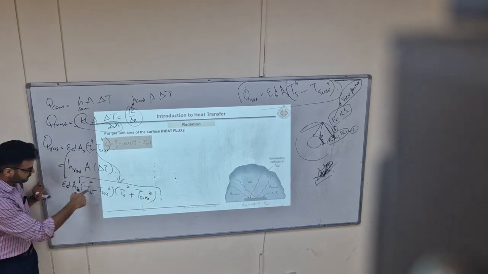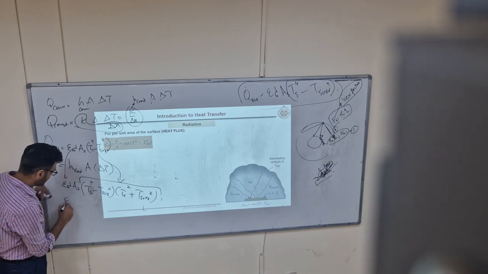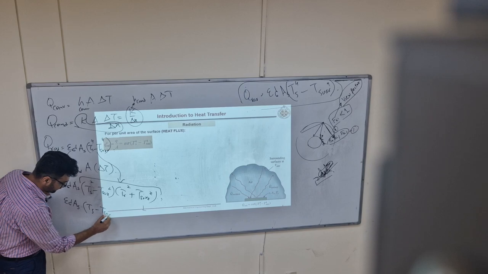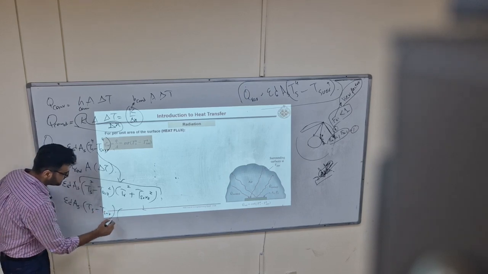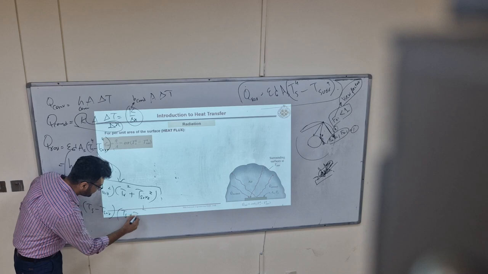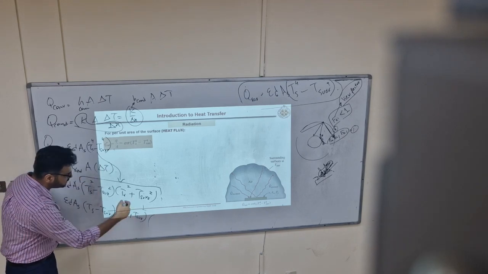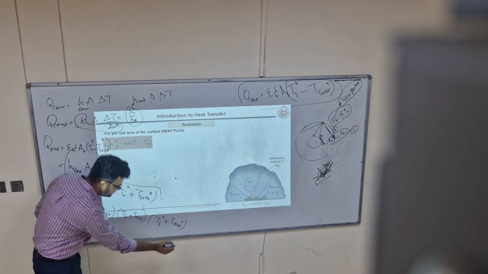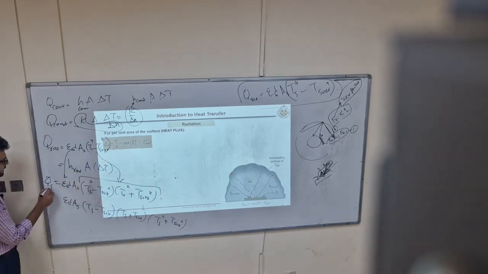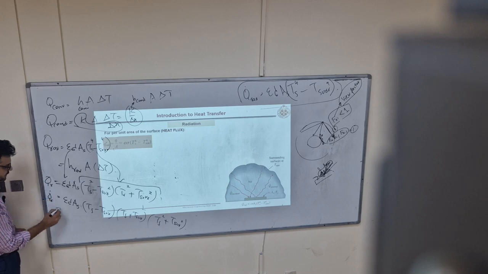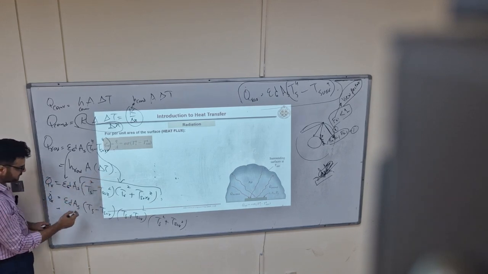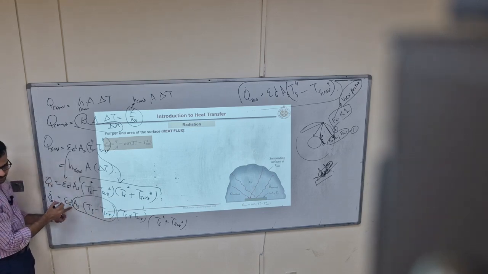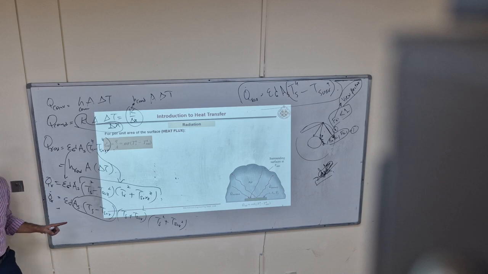Further, epsilon sigma A s, I can write it as Ts minus T surrounding, which is what I want. What is left is Ts plus T surrounding and Ts square plus T surrounding square. This is my Q dot radiation. Now I want to write it as h A delta T, so here is A delta T. Whatever is left is h radiation.